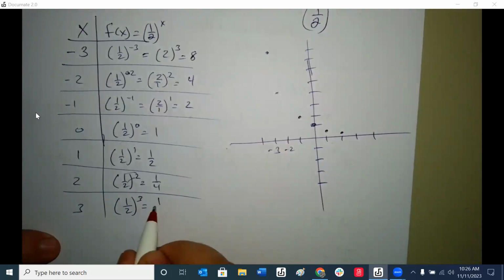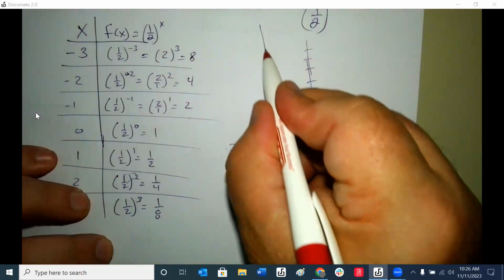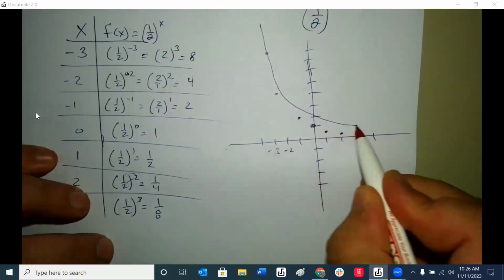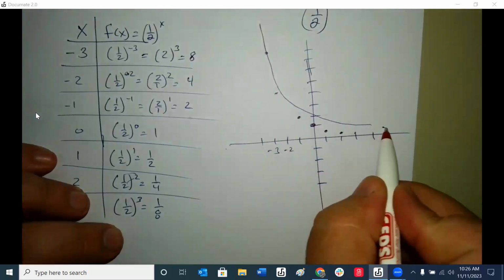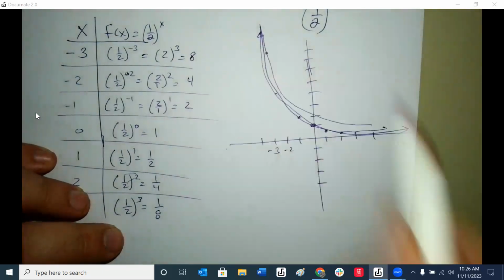So 1 cubed is 1, 2 cubed is 8, so it's 1/8. So this graph is a decreasing graph. Oops, I missed it. Sorry about it. So it looks like that.